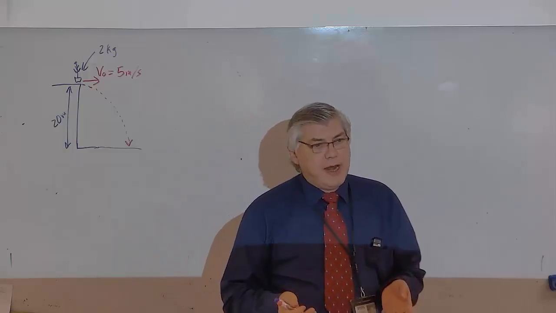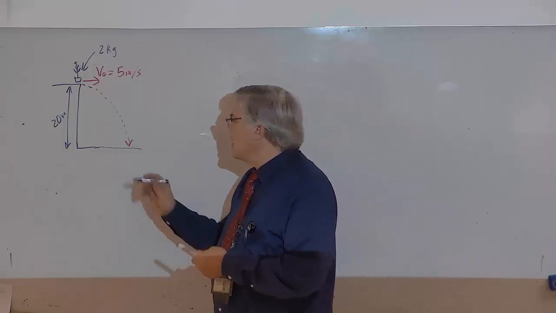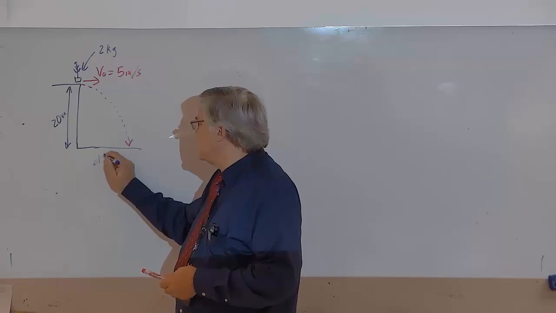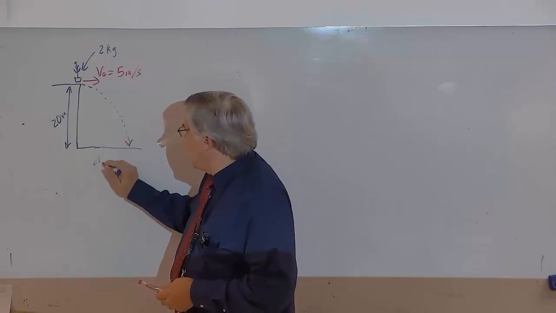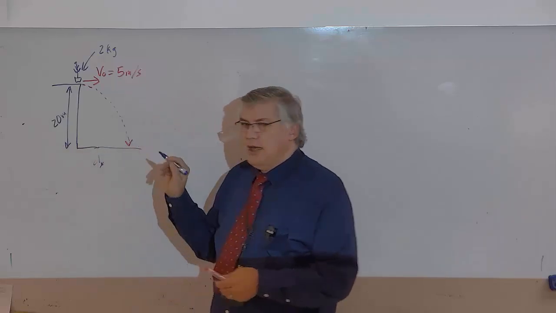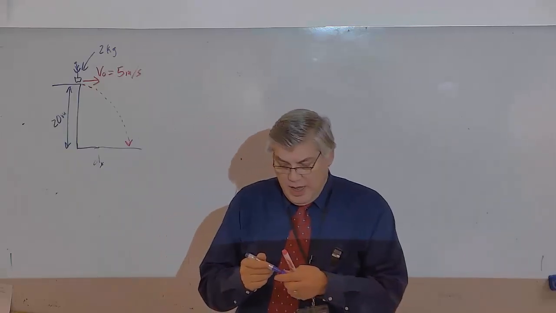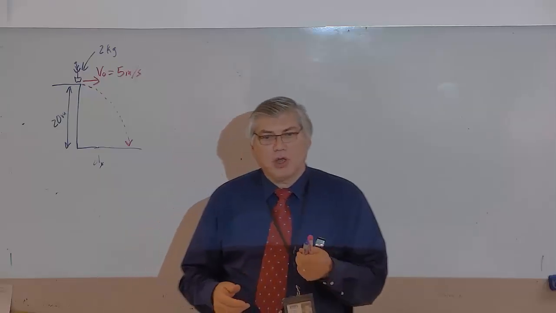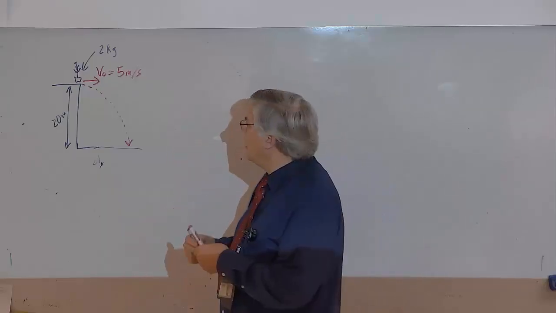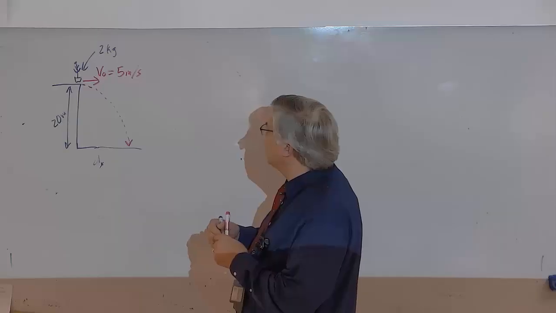Now, in kinematics, we can solve for things like dx, like how far away it hits and the angle that it hits and all kind of other stuff. But we can also do some of that work using energy. So let's look at it from the kinematics perspective first.